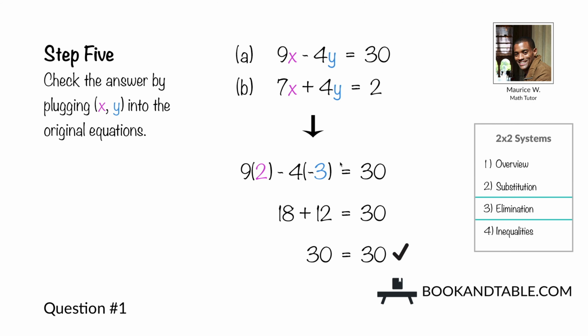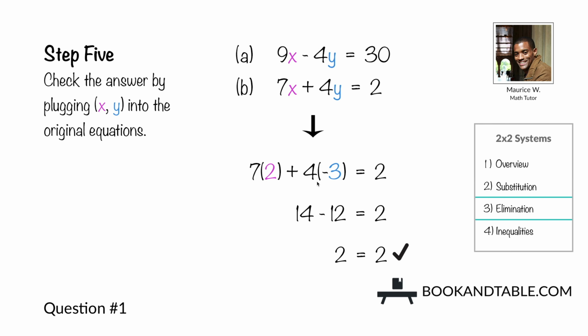So for equation A, 9 times 2 gives you 18, minus 4 times negative 3, which is positive 12. 18 plus 12 is equal to 30, and that's equal to 30. Confirming that for equation A, x does equal 2 and y does equal negative 3.